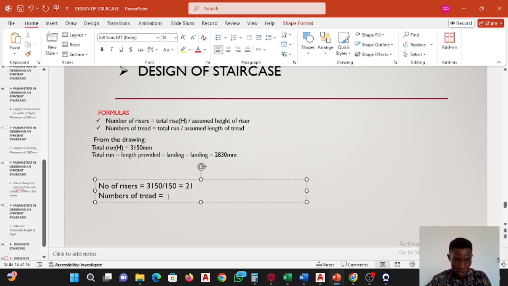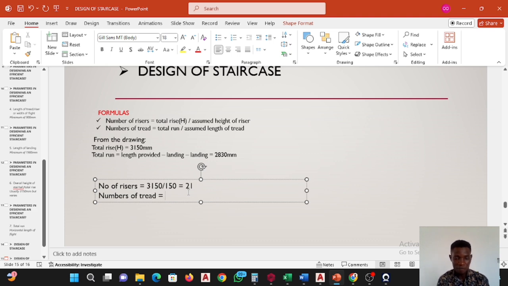All right, it is 21. And for the number of thread, I have 2830 as the total run. Let me teach you something. The number of riser is 21. Now the number of riser is always more than the number of thread.